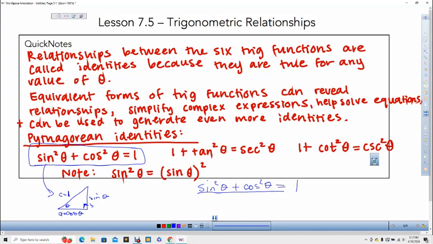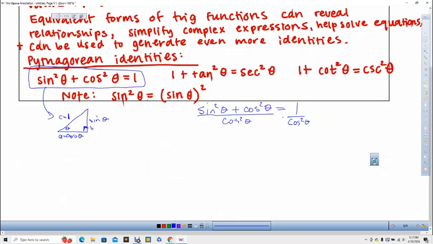So I'm going to divide that side by cosine squared theta, and I'm going to divide this side by cosine squared theta. Now, if you don't know your algebra, this is not going to work for you to be able to figure this thing out. If you do, you're fine.